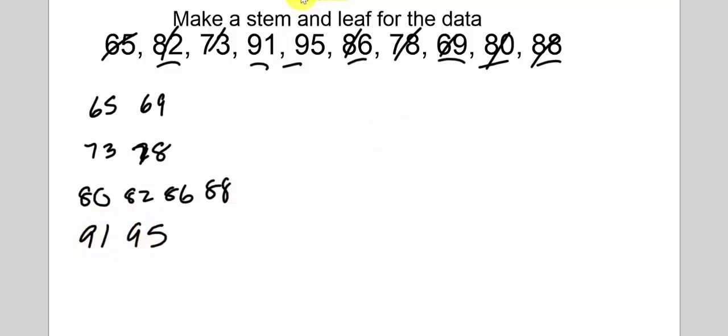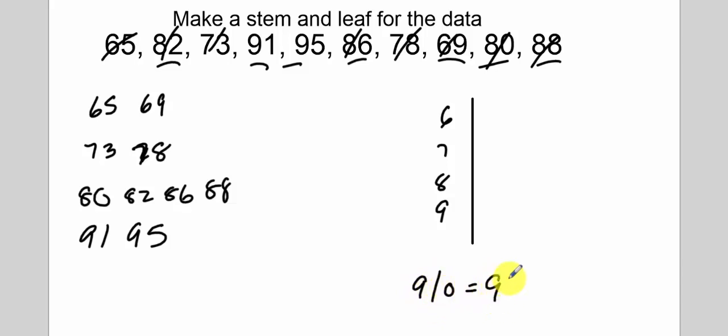Then I'll set my chart up, put in my tens digits of 6, 7, 8, and 9. Put my key down here saying 9/0 equals a 90. And then start putting my ones digits in. And I'm done.